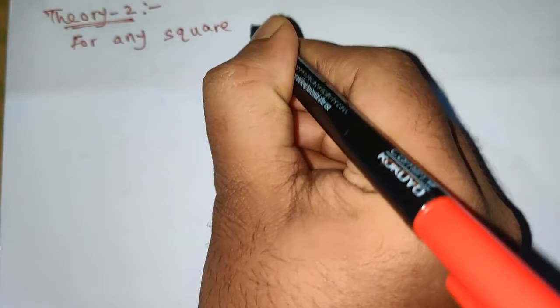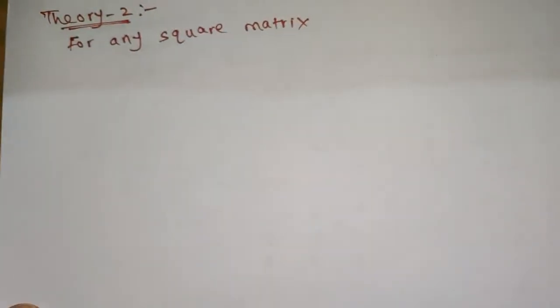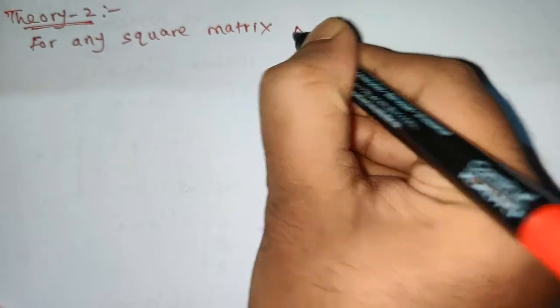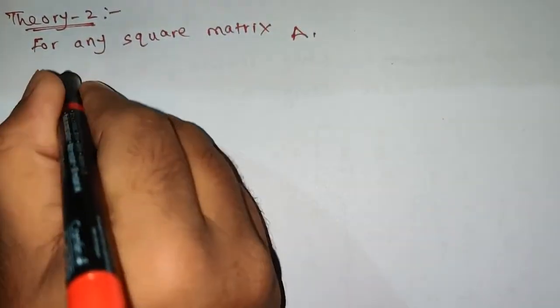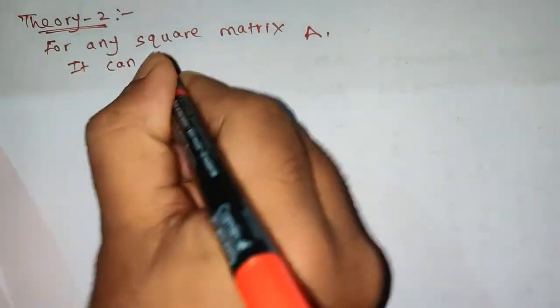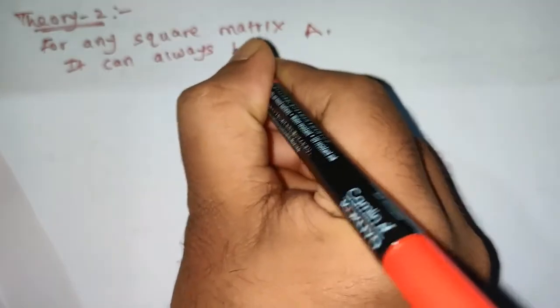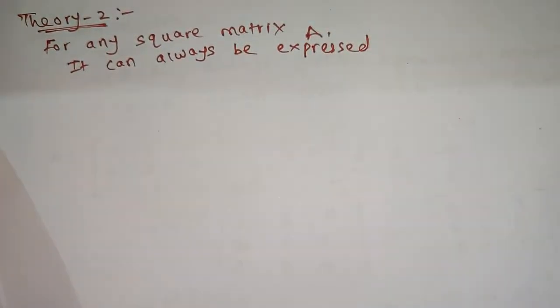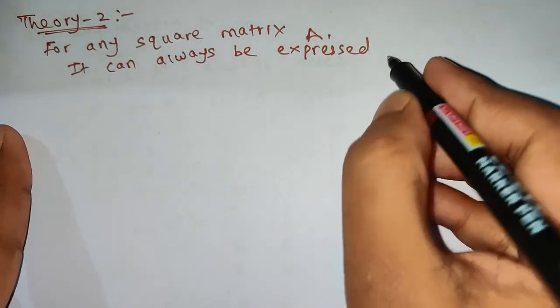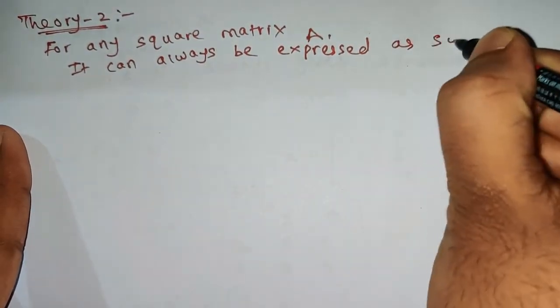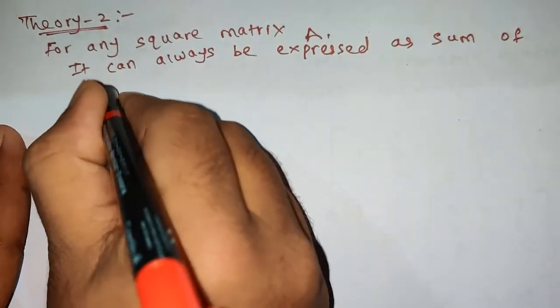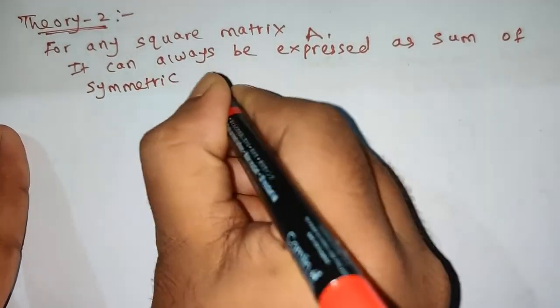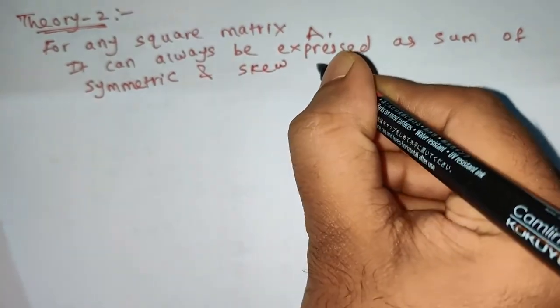What theory 2 says is, any square matrix A can always be expressed as a sum of a symmetric and a skew symmetric matrix.